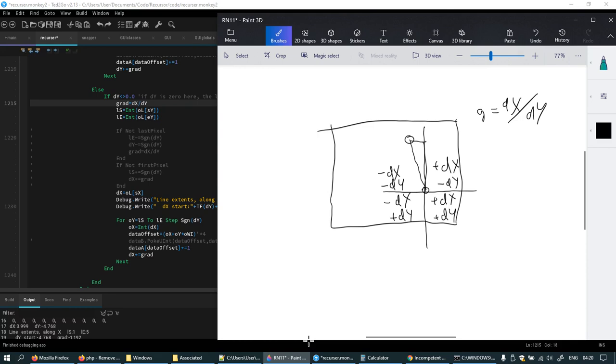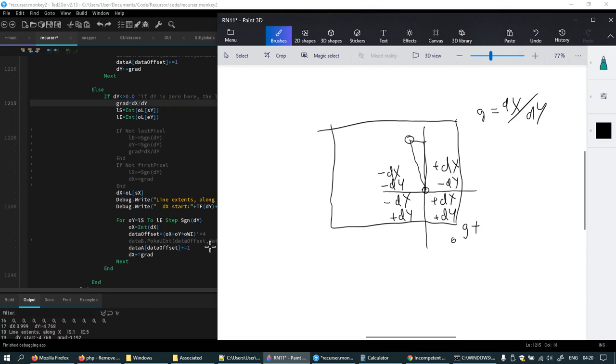If the more vertical line drawing routine is in operation, so to speak, the line is travelling more vertically than it is horizontally, then if the point is in this quadrant, then I do want grad to be positive, because as the line counts down the screen, the x value is going to be increasing, x plus grad.